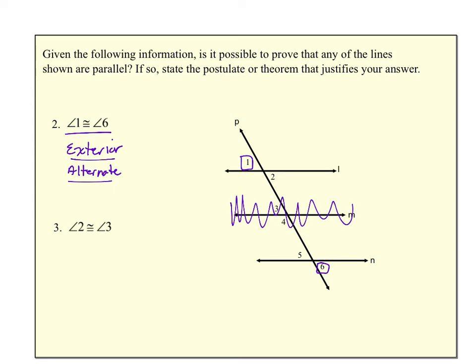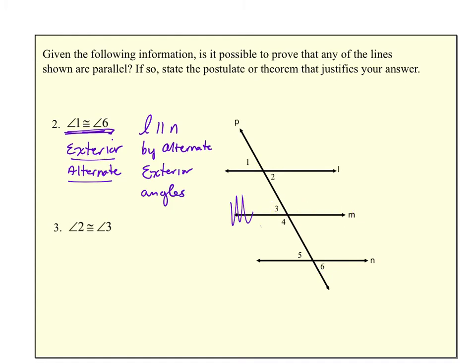So they are alternate exterior. And in that situation, if they're congruent, then I can say the lines are parallel. So here I can say, yes, L is going to be parallel to N by alternate exterior angles. Okay, that's the first one.